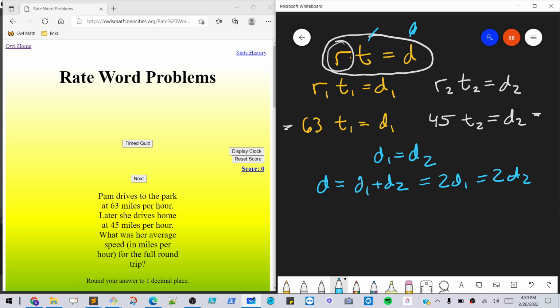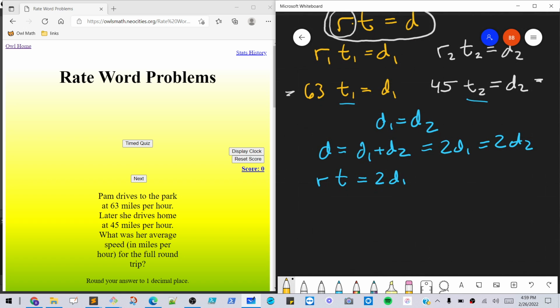Okay. So we actually have R times T equals 2D1. And we don't know anything about the time, but what we can do is create expressions for the time.